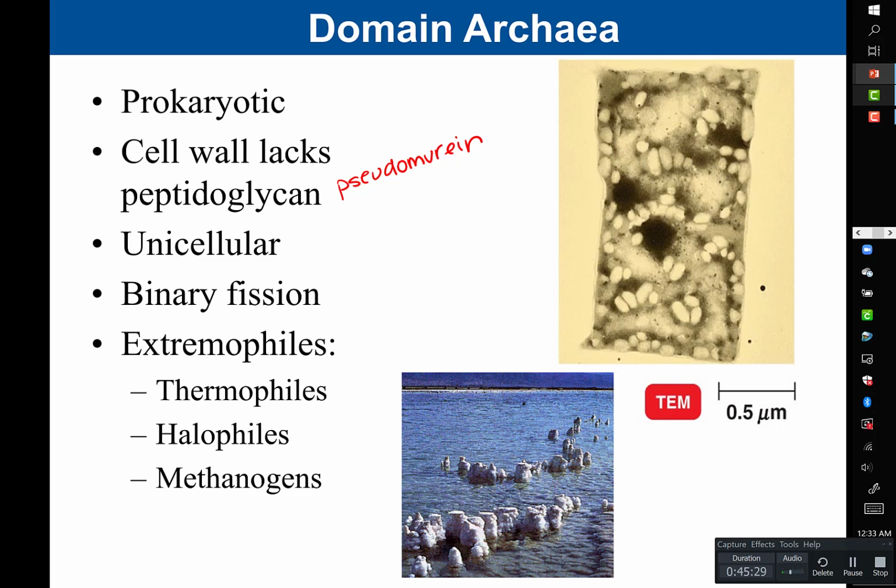So it's still a protein-sugar mix, but it's not peptidoglycan. That's one of the things that makes it distinct from bacteria. It is unicellular, so it does exist as one single cell. It reproduces by binary fission like bacteria do. Again, this is asexual.